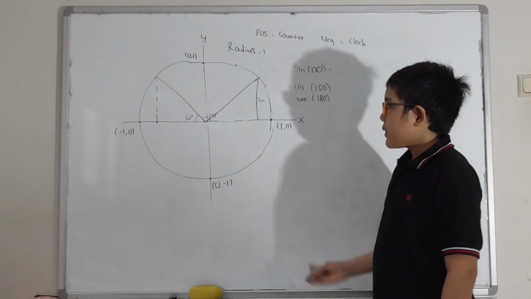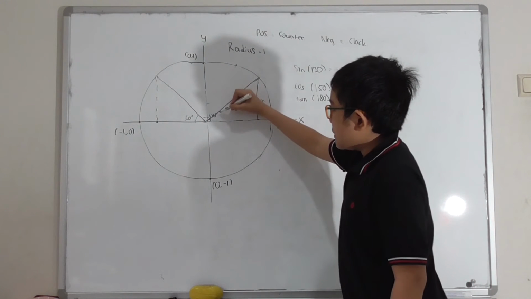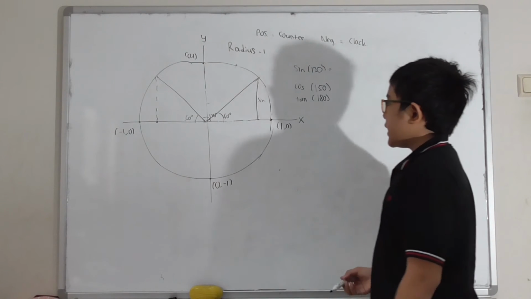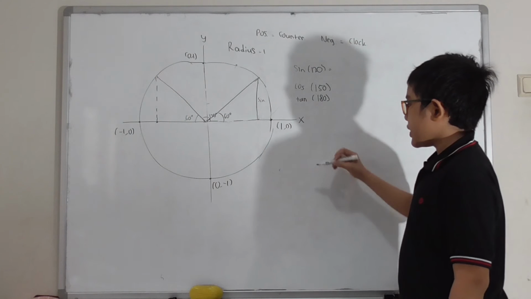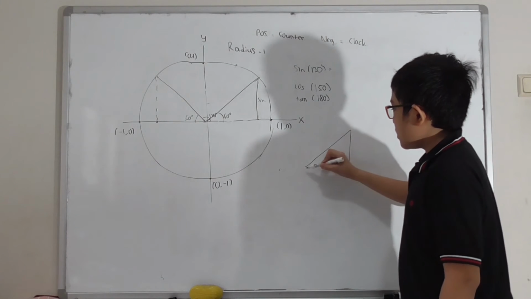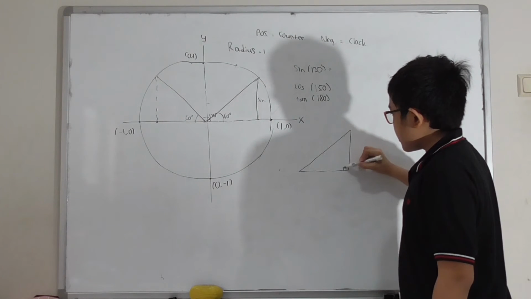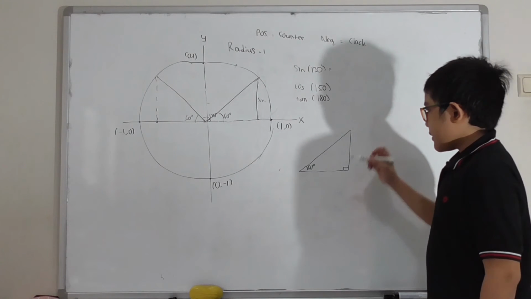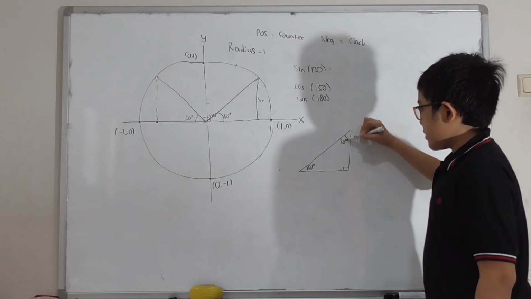And then that means that this symmetrical triangle will also have 60 degrees in here. And then we can draw ourselves a triangle with 90 degrees, 60 degrees. And then this means that this angle will be 30 degrees.